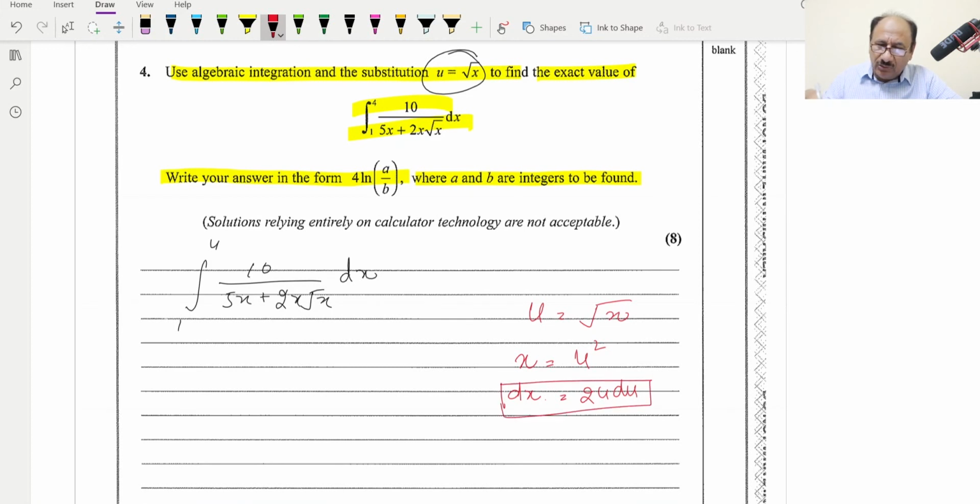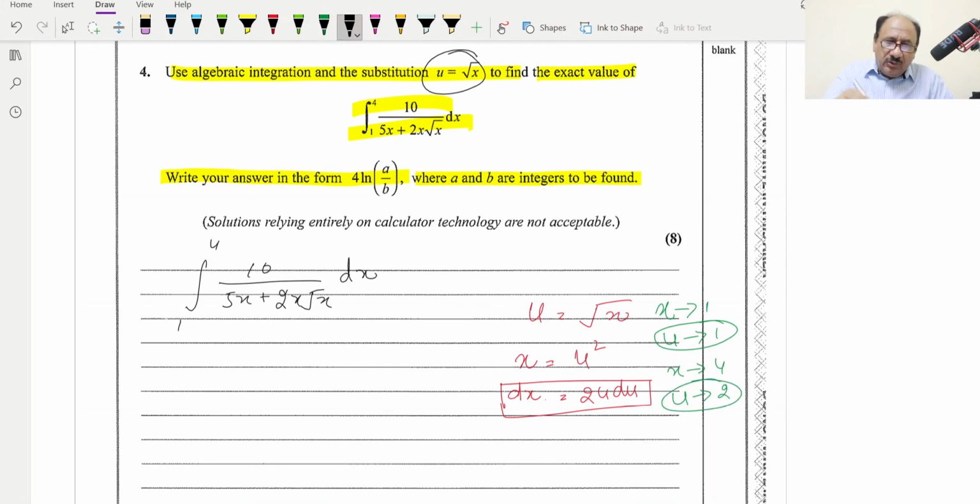We also have to check the limits: when x tends to 1, u tends to 1, and when x tends to 4, u tends to 2. So the new limits will be from 1 to 2.